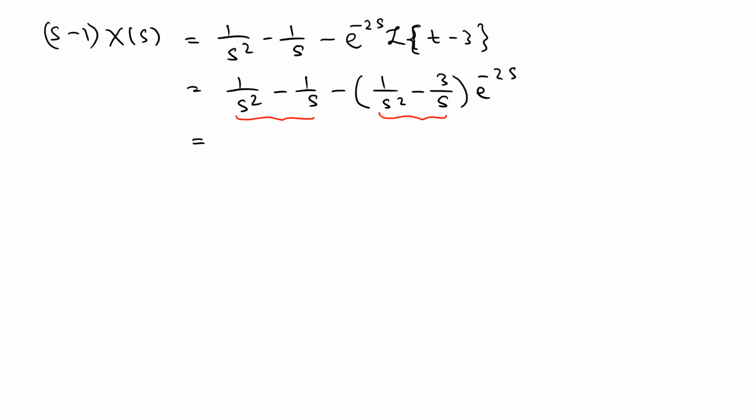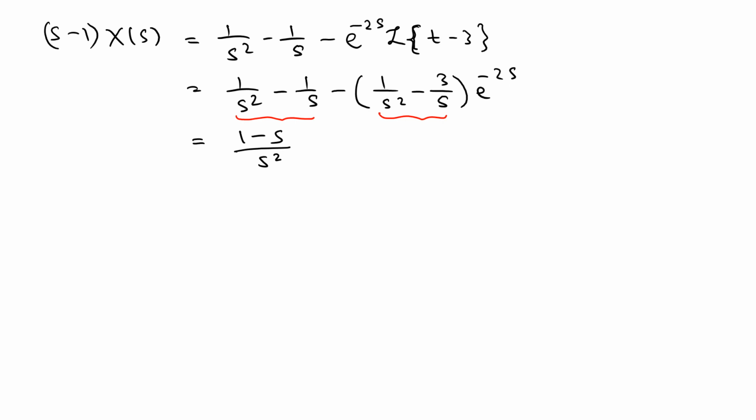So we can write this one as 1 minus s over s squared. That's what you get from the first one.